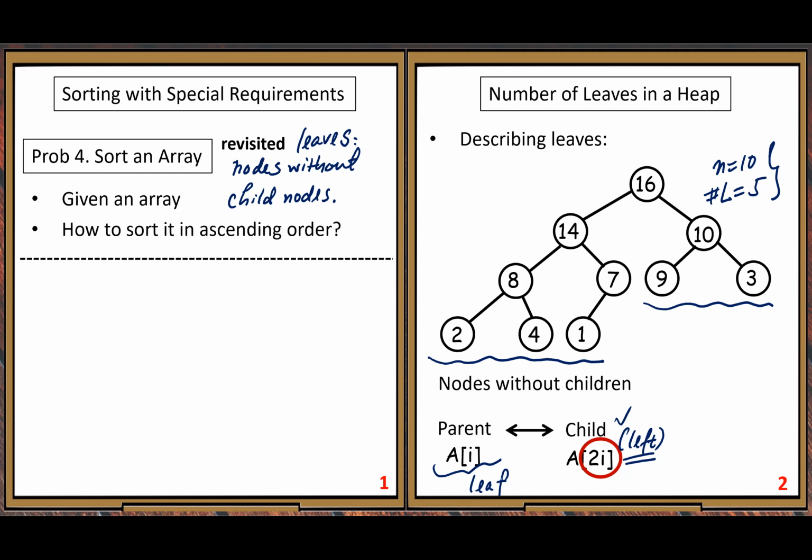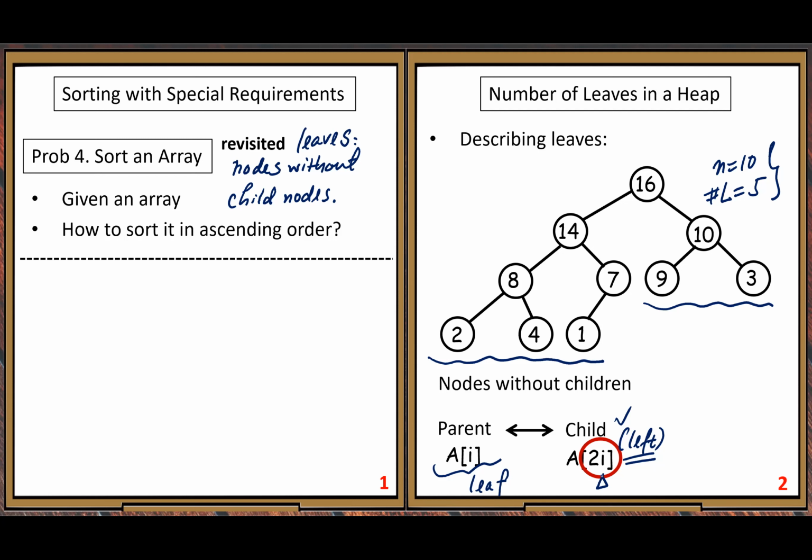How about the parent? Think about if the parent corresponds to a leaf, what this 2I should be. Parent with position I corresponds to a leaf. What can we say about its left child position 2I? Out of range, right? 2I cannot be within the range of positions for all the nodes in this heap.